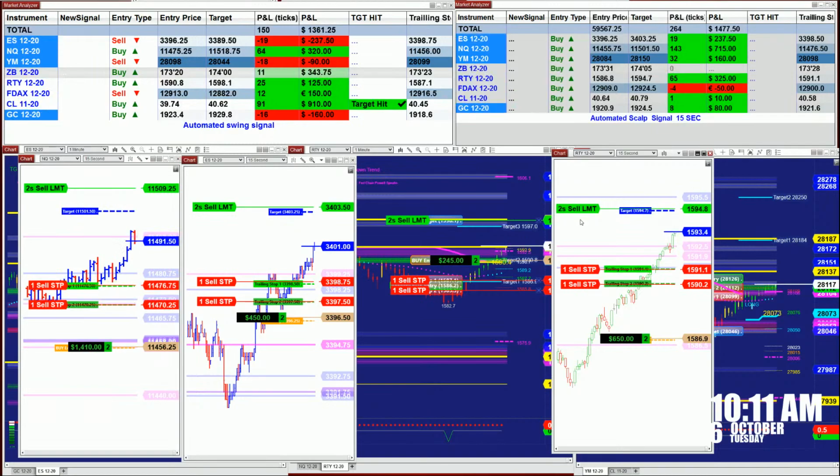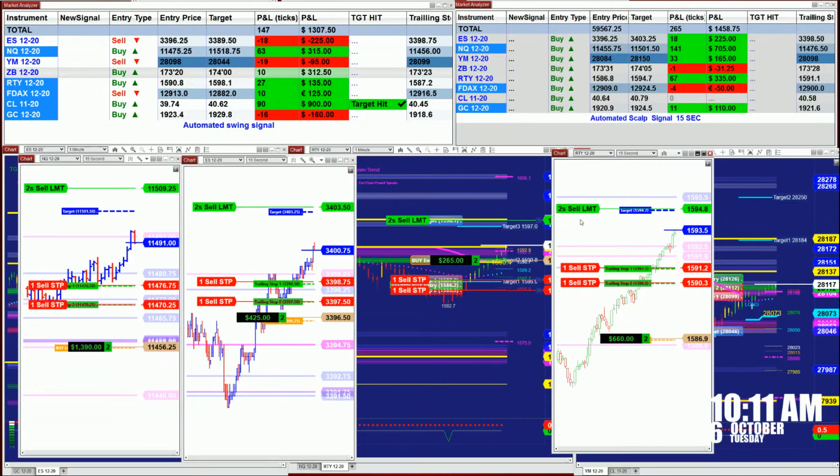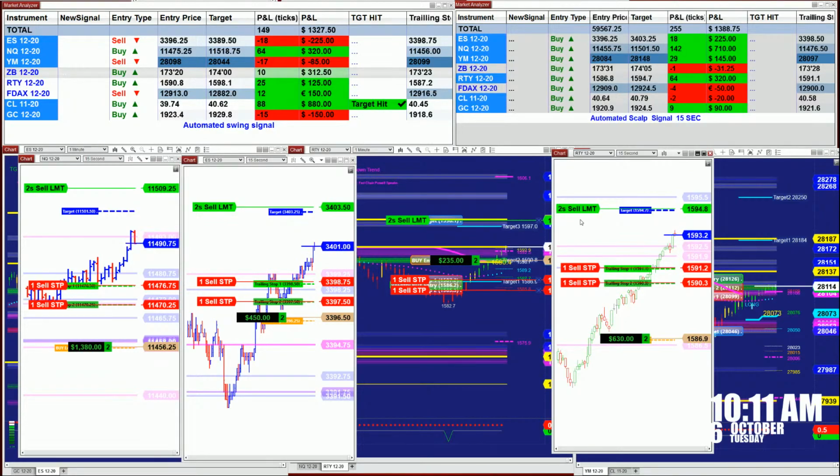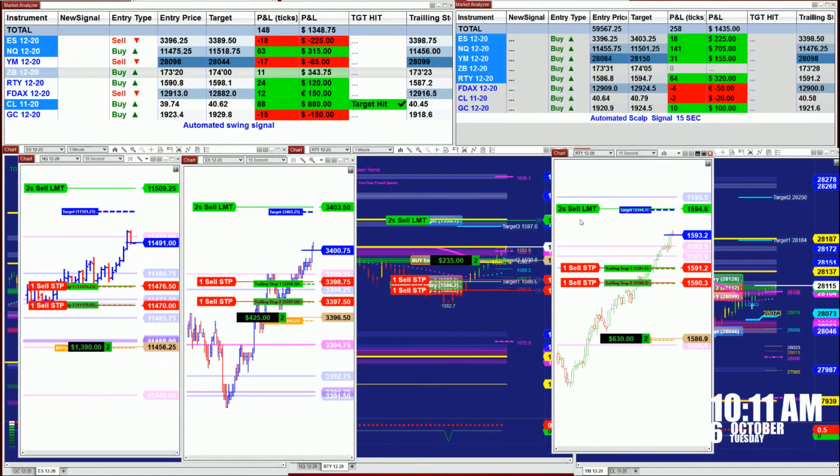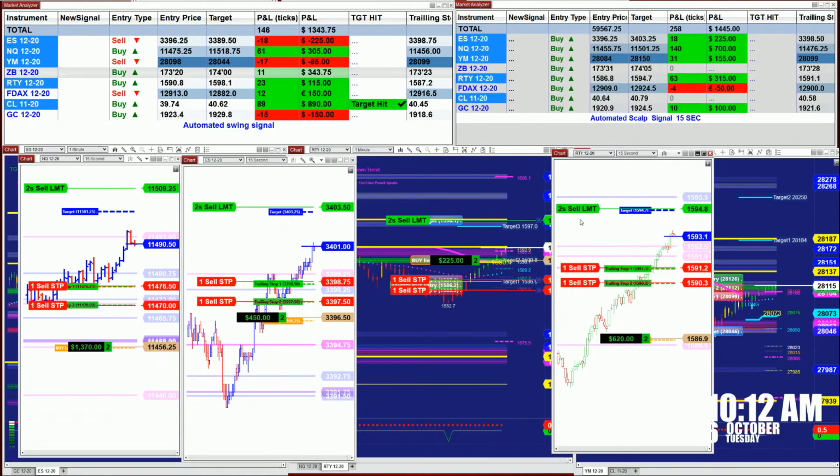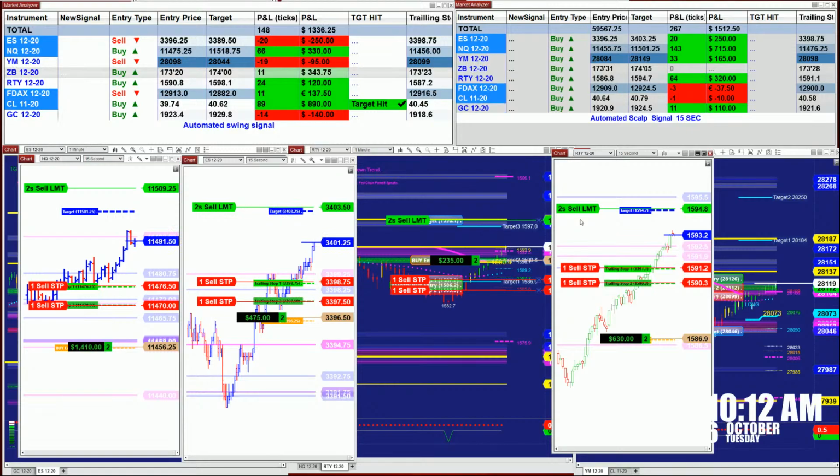Once you start to understand how to control your auto trade, and understand when there is a problem in the market, you just need to learn how to manage the auto trade and read the market before you go live with it.